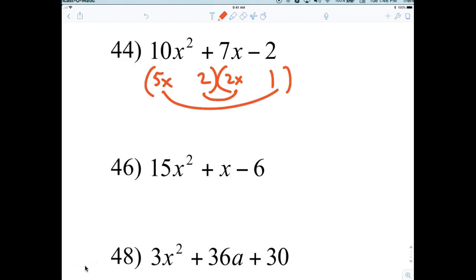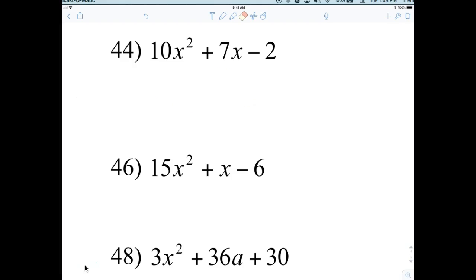So is there any other way I can do the 2 and the 1? Yeah, 10 and 1. So instead, we're going to go 10x and x. And the 10 has to go on the... And the 2 has to go on the... And 1 has to go there. Uh-oh.